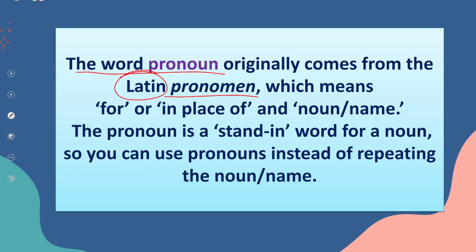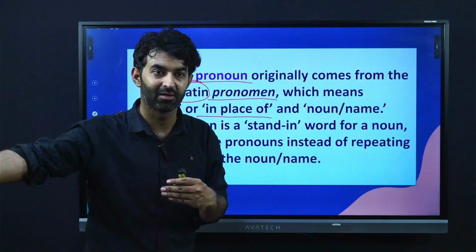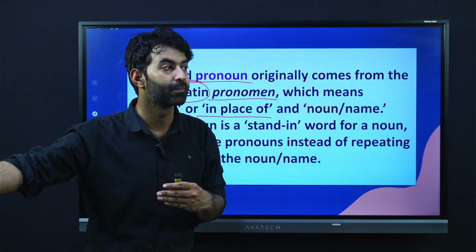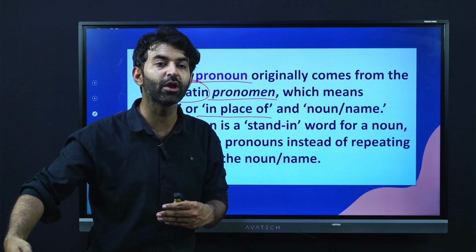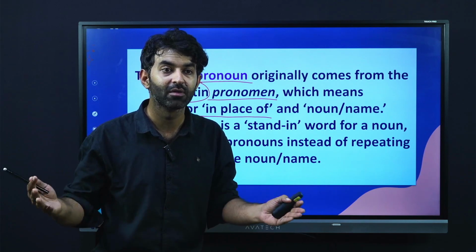Then it means for or in place of. Pronomen means in place of. We use pronouns in place of something. What is that something? Is it noun? Yes, we use pronouns in the place of nouns.